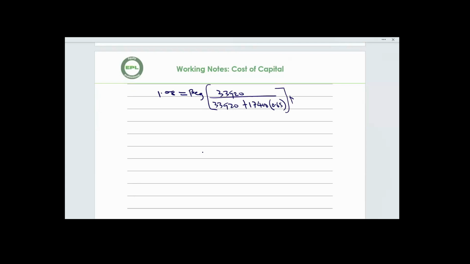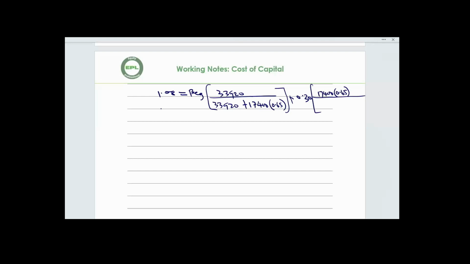Again, the examiner has told you to assume that the debt beta is 0.3 for both Kilimanjaro and the proxy company, multiplied by the debt value of Kilimanjaro, 17.4. Tax rate is 35%. We are accounting for 65.